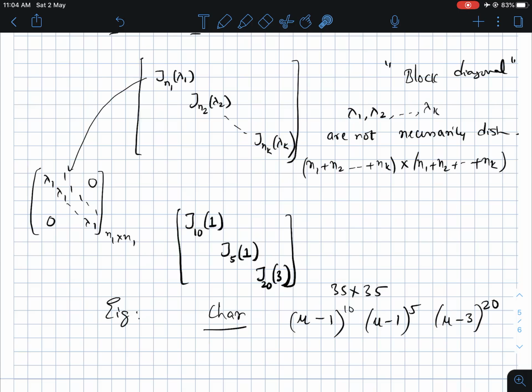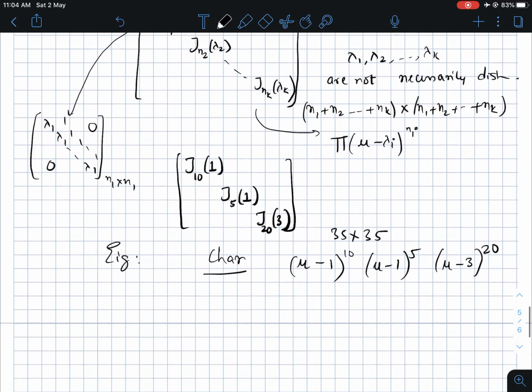In general it's very easy to write: it's just the product of (mu minus lambda i) to the power of ni. So these sizes are very closely related to the corresponding algebraic multiplicity.